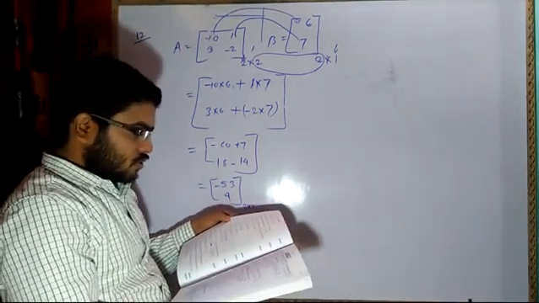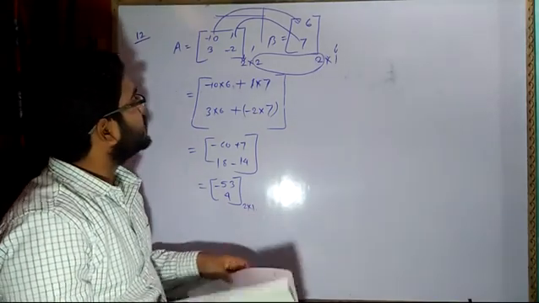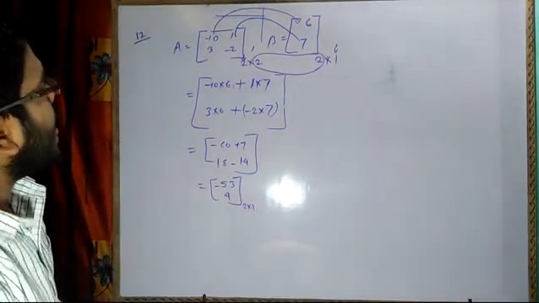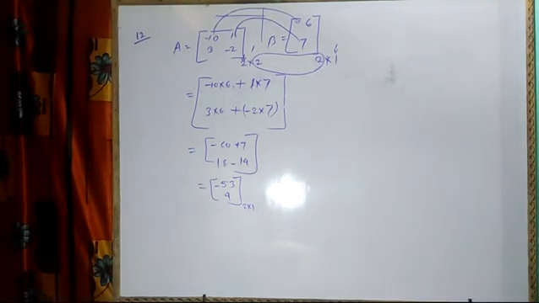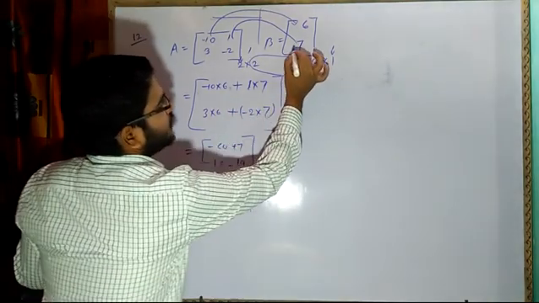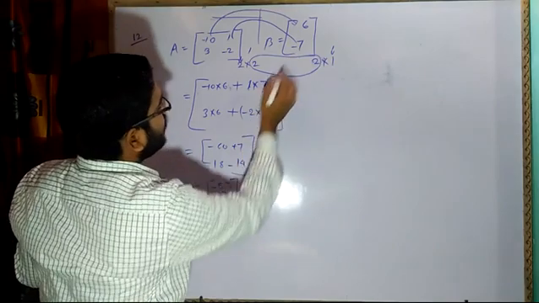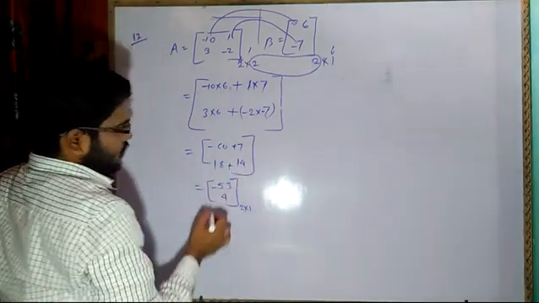It was 12. So minus 67 and 32 we are getting. So here I have made one more mistake, my dear student, writing the question. It will be minus 7. So here it will be plus.